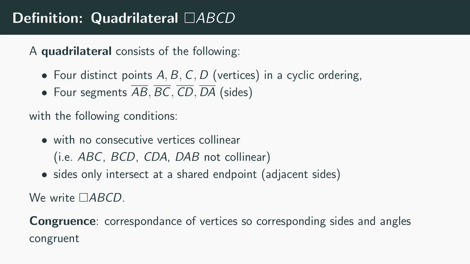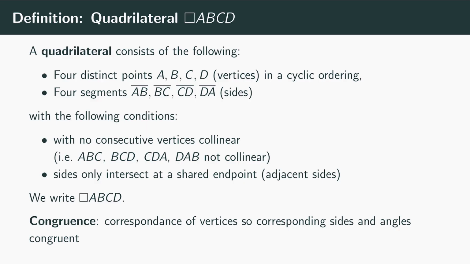So I've listed the four triples of vertices that are not allowed to be collinear. And furthermore, sides only intersect at a shared endpoint if they share an endpoint. So these are what we call adjacent sides. And for this, we write this little box, ABCD.